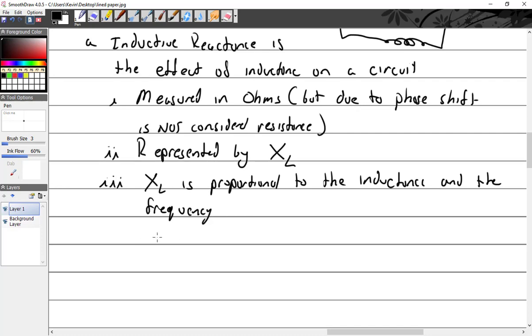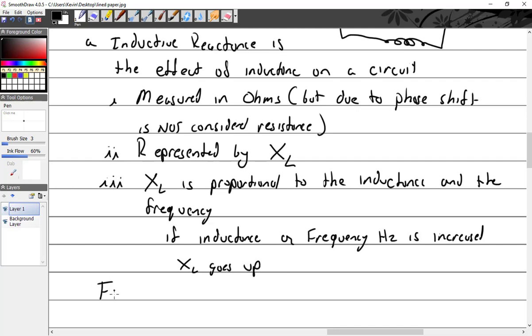So in other words, if inductance or frequency, also called hertz, is increased, what happens to the inductive reactance? Okay, X of L goes up.